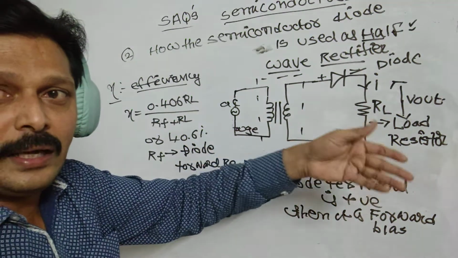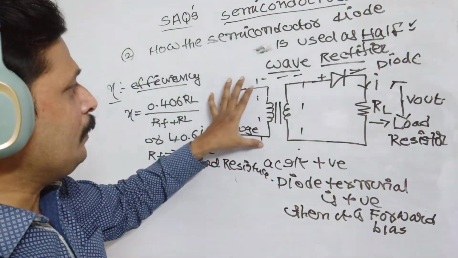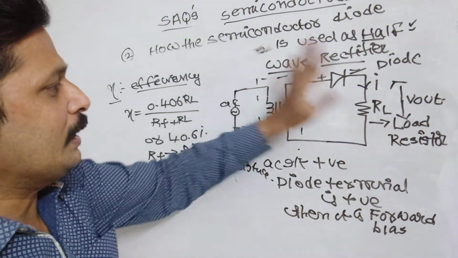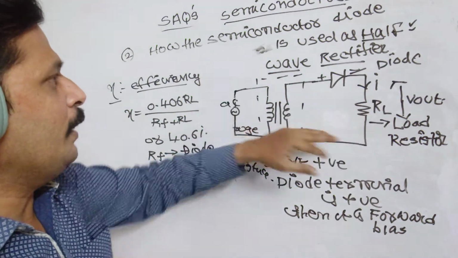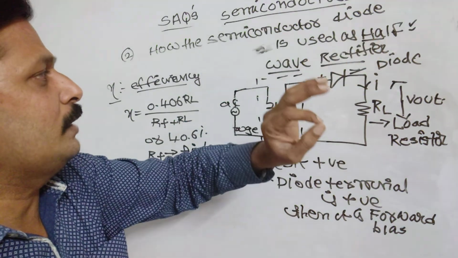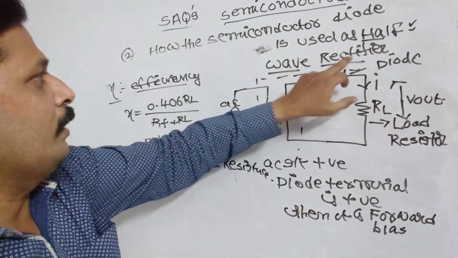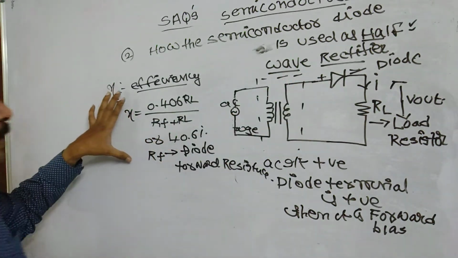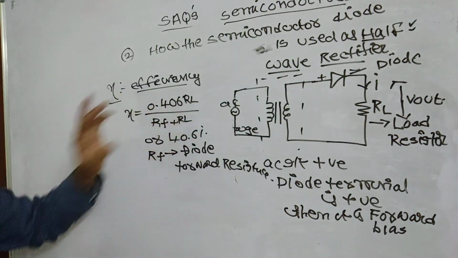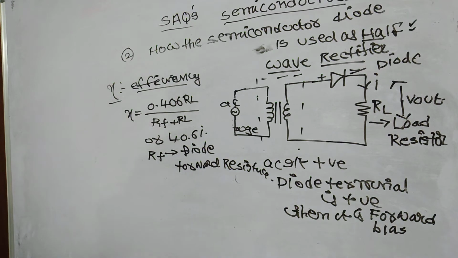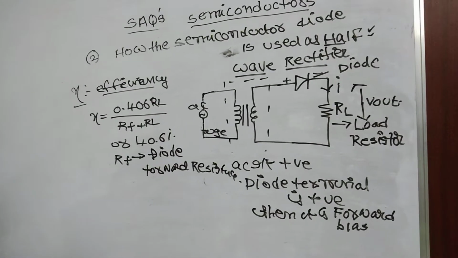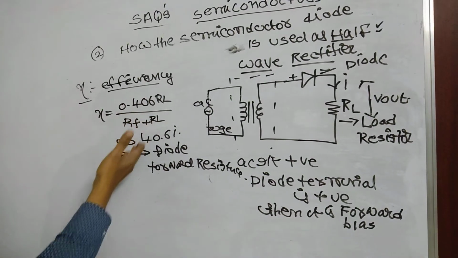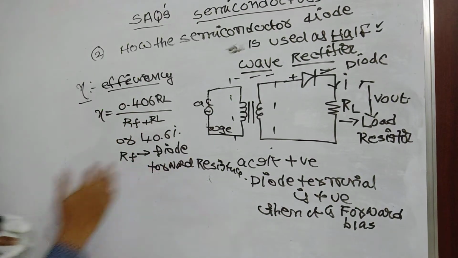As shown earlier in the diagram, only half of the wave is eliminated and the remaining is present at the output side. Half elimination is the basic property of a rectifier, shown with the help of the diode. What is the efficiency of the rectifier? 0.406 RL divided by RF plus RL. RF is called the forward resistance of the diode.